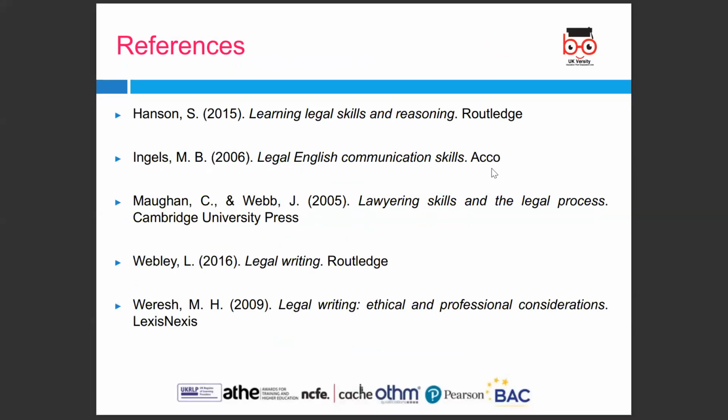So, in regards to the importance of communicating any sort of documents or information in legal writing, it's very important in the legal profession that everything is done according to the law and the Solicitors Regulation Authority, like the example we gave of what they expect you to do in client care letters.